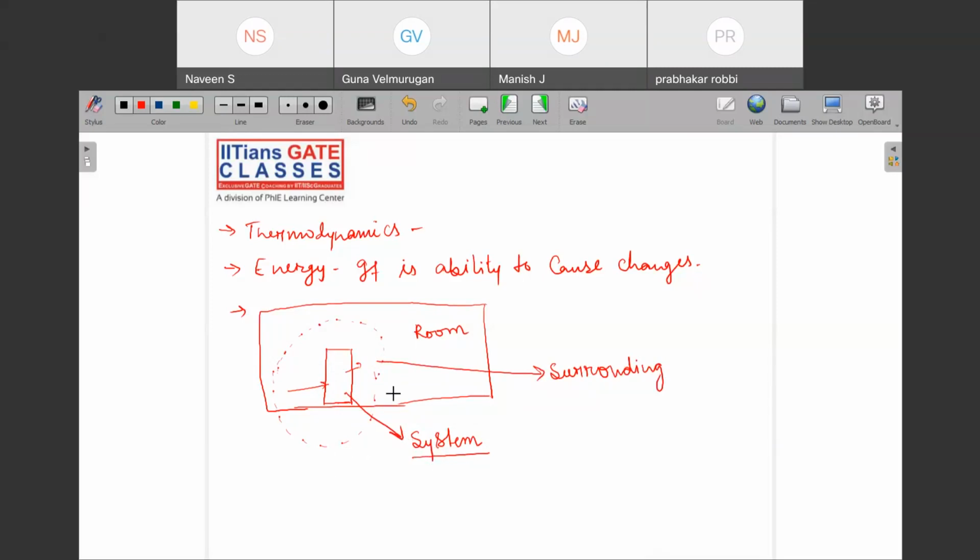The second thing is the surroundings, anything in close vicinity to it. And the third thing: there is a system and there are surroundings, so there is something which creates a difference between these two, and that is called the boundary.